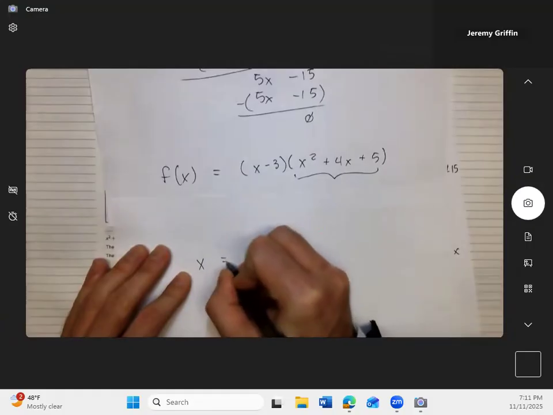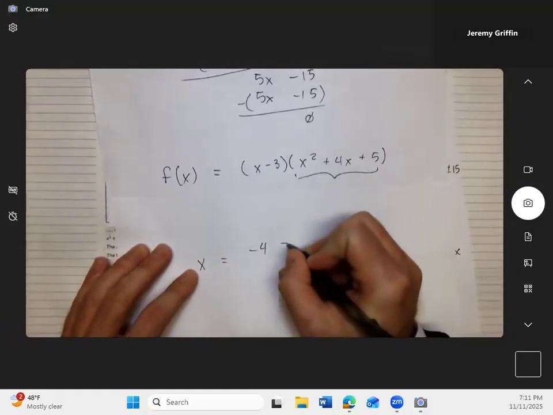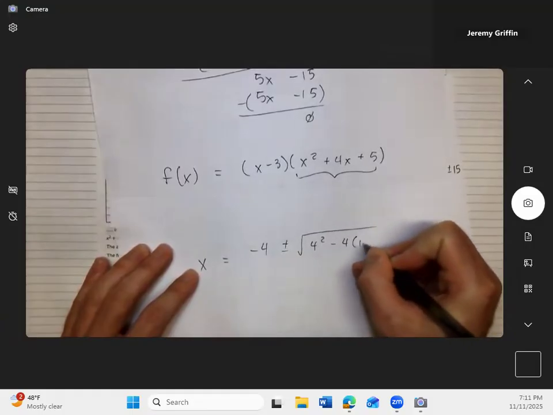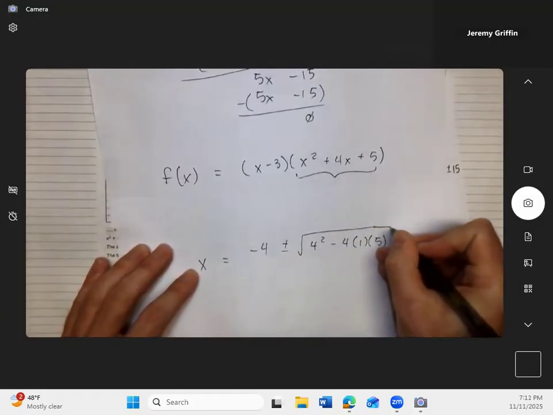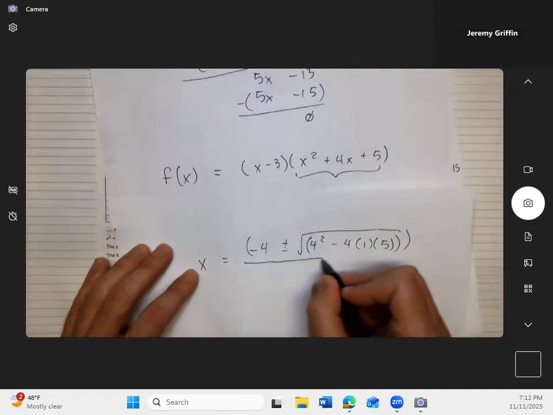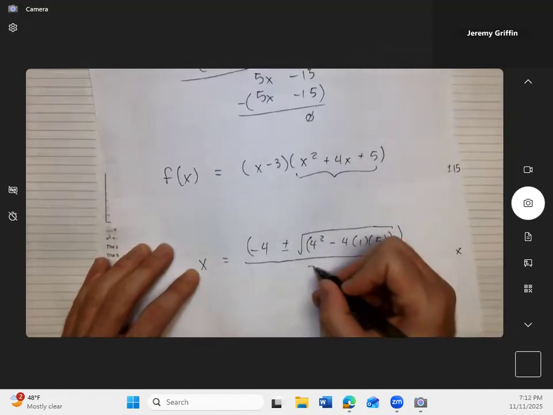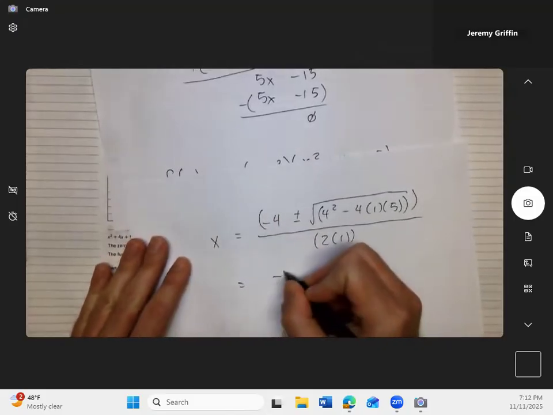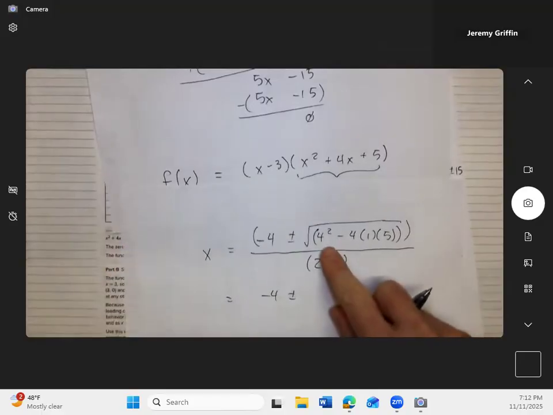So let's find out. x equals -b plus or minus the square root of b squared minus 4ac, all divided by 2a. You guys have done a lot of quadratic equations, and so I'm just naming a, b, c as I go along, filling it out. So that would be -4 plus or minus, let's see, what is this?